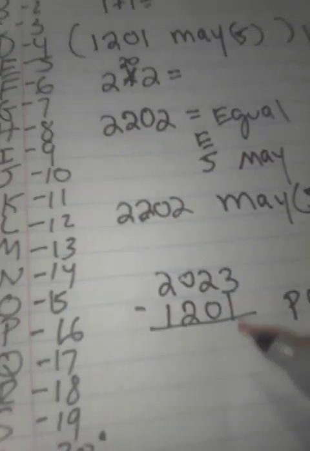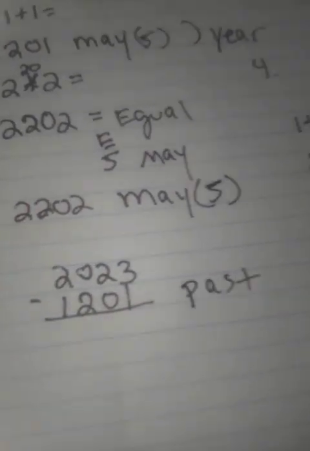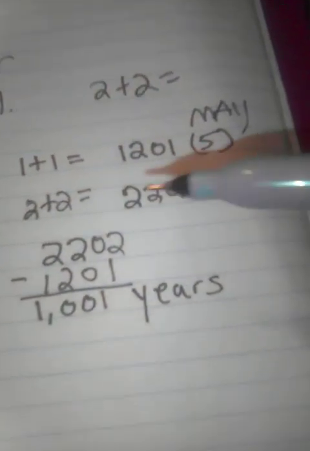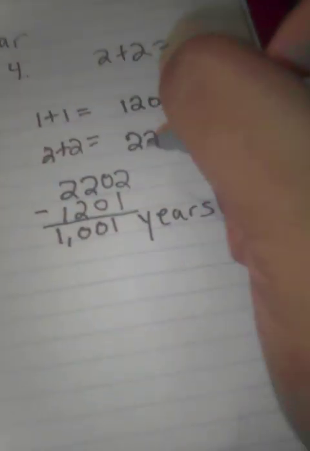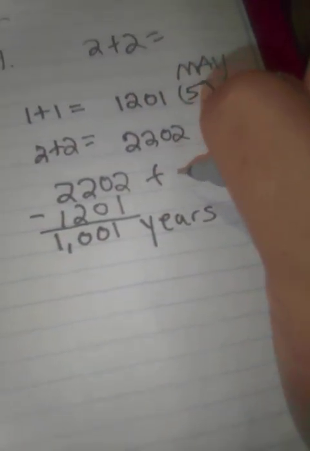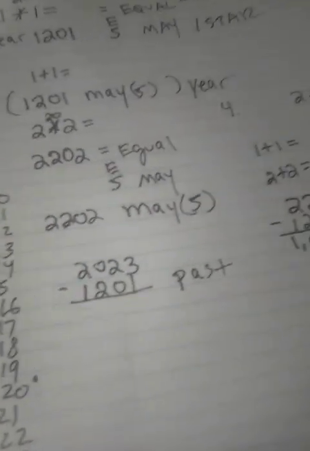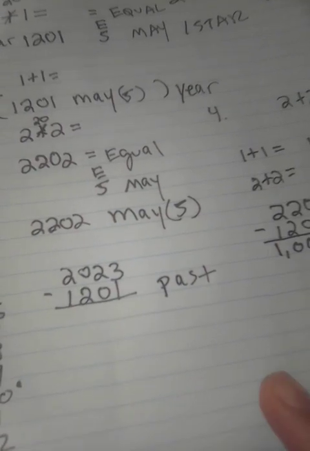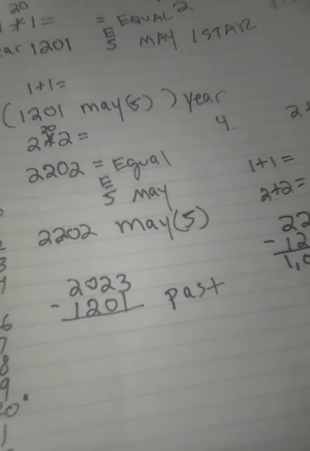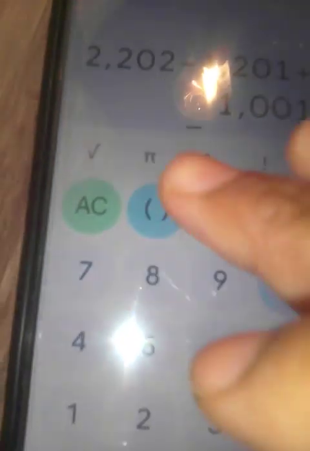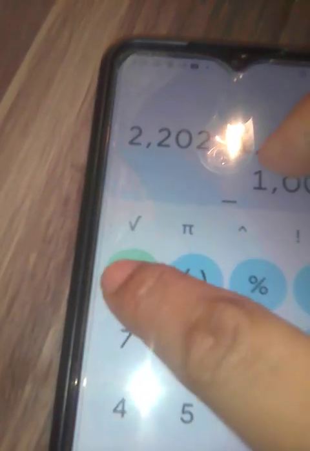It's the year 1201. When you turn 2 plus 2 into a year, it's the future. It's the year 2202. This is time machine math, y'all. Now we're going to subtract 1201 from 2023.